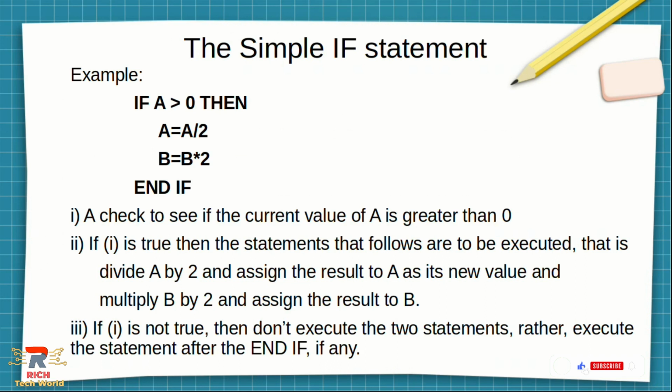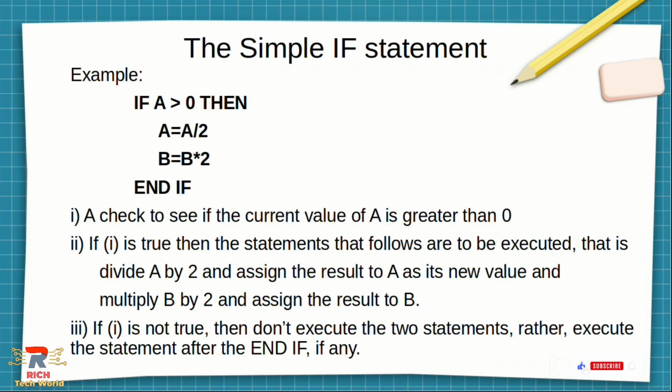Also still under the simple if statement, these points are explaining the previous example. The first thing is a check to see if the current value of a is greater than 0. That is the first thing the code executes. The first situation is, if indeed a is greater than 0, then the condition is true, and the statements that follow are executed.